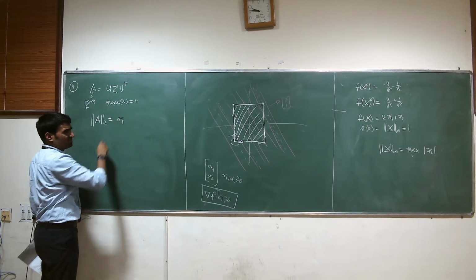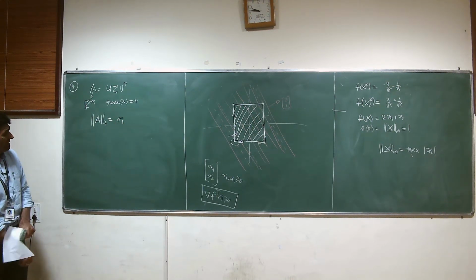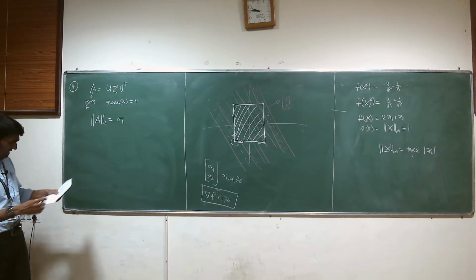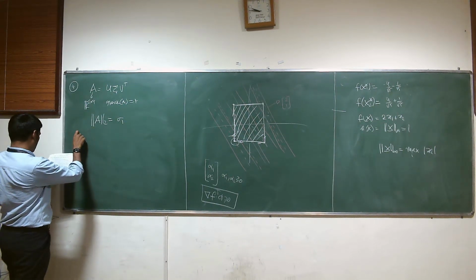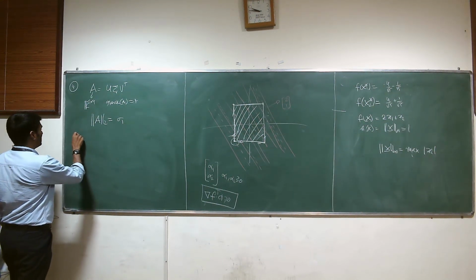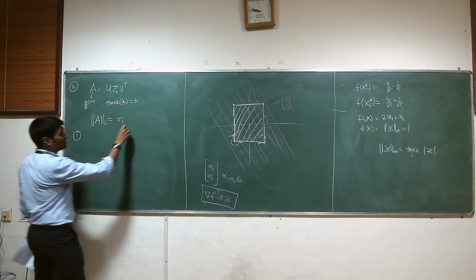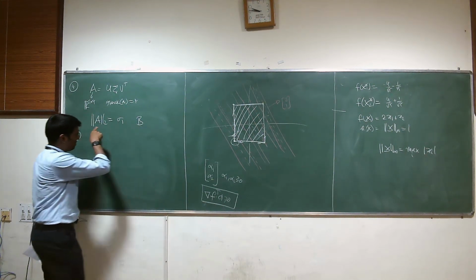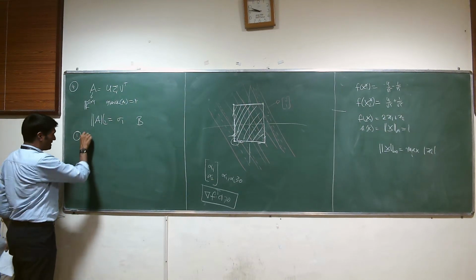It'll be sigma 1. And then the question was, we derive a matrix B based on A, and what was the singular value?